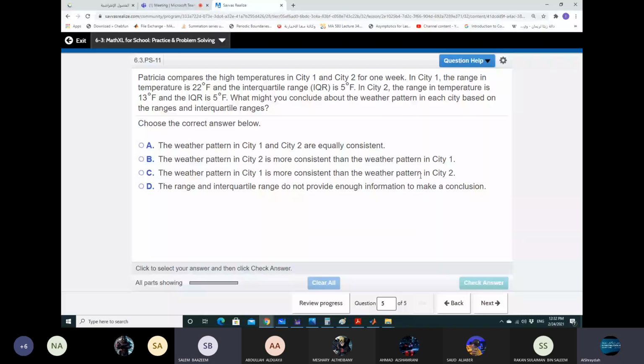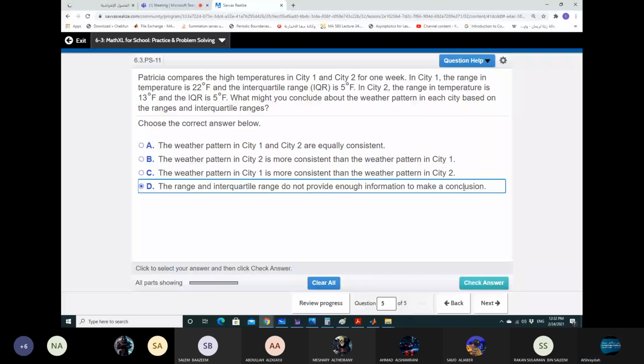I cannot hear you. D or B? D. The range and interquartile range do not provide enough information to make a conclusion.